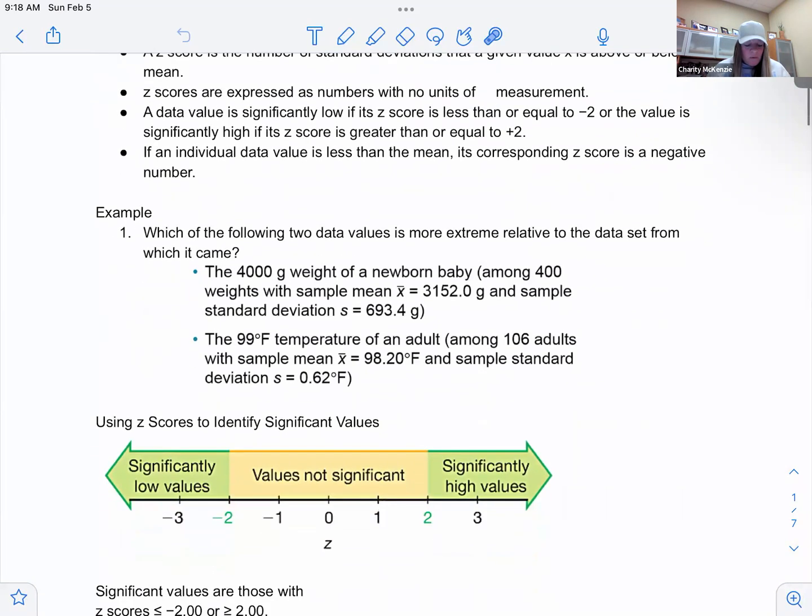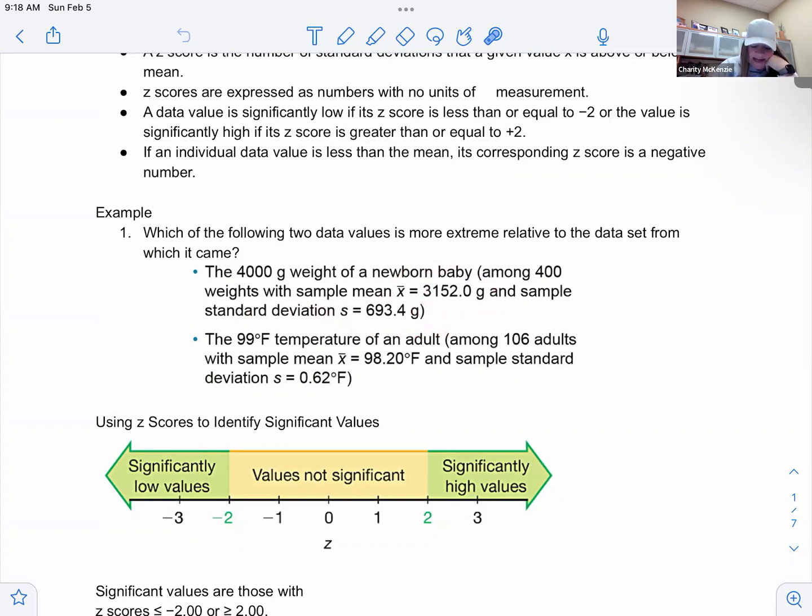This one says, which of the following 2 data values is more extreme relative to the data set from which it came? The first one, 4,000 grams, is the weight of a newborn baby among 400 weights with a sample mean of this and a sample standard deviation of this.